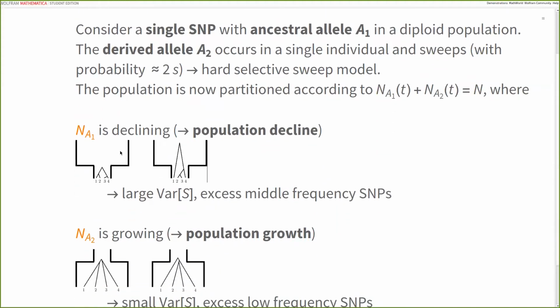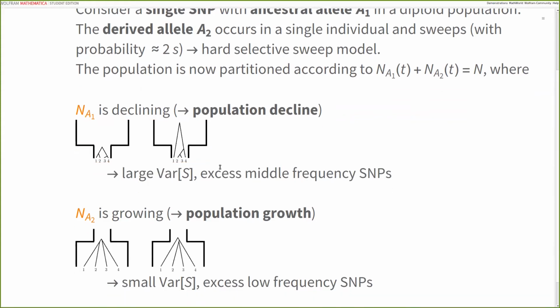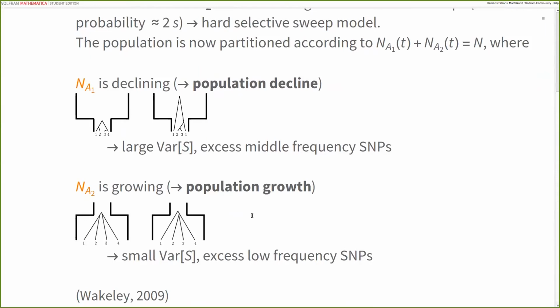And we know that if a subpopulation is declining, namely the ancestral allele, then of course we get an excess of middle frequency SNPs because of this sort of bottlenecking going on. And if it is growing, then this is the case at the derived allele. We of course get a classical shape from a hard selective sweep with an excess of low frequency SNPs in our sample.